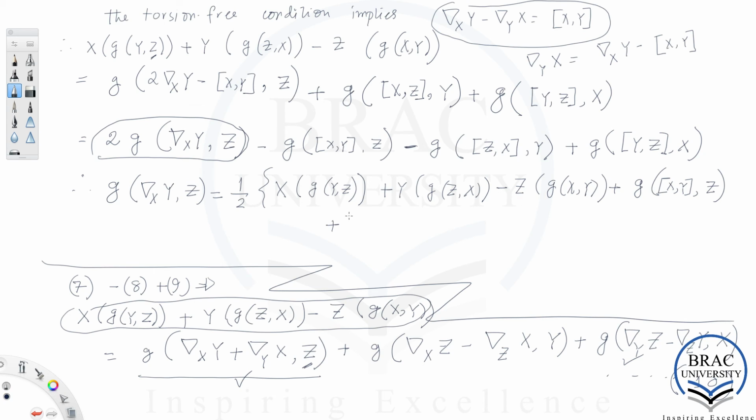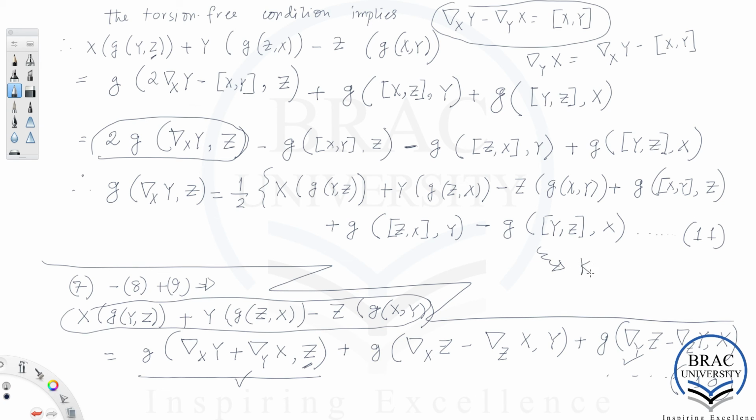We have written down 4 of them. G of the commutator of z, x comma y, and finally minus g of the commutator of y and z comma x. This is equation number 11, and it's called the Koszul formula.